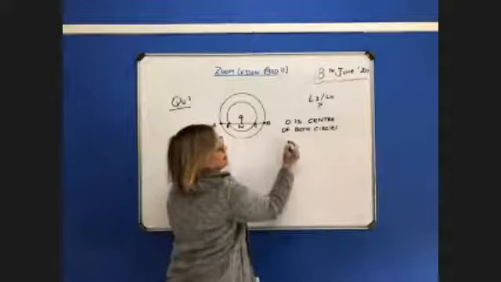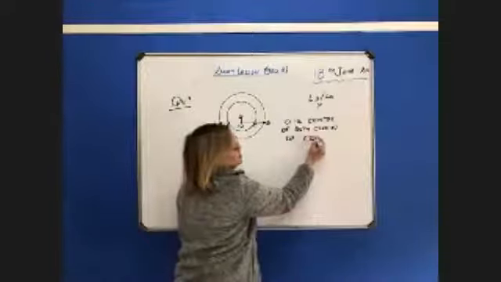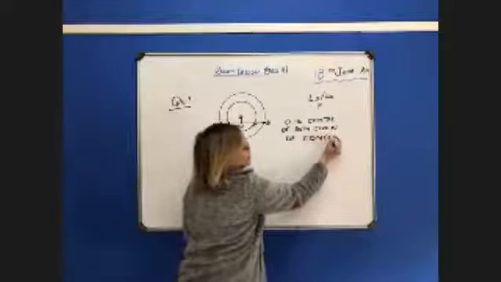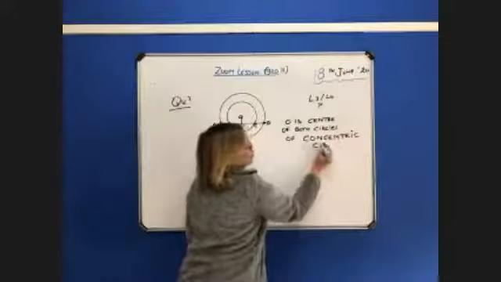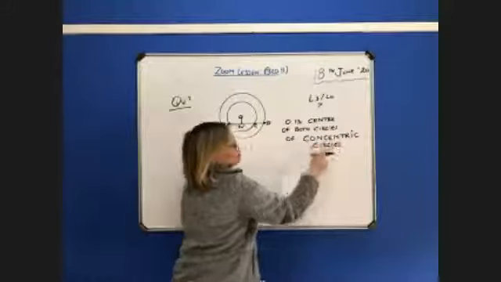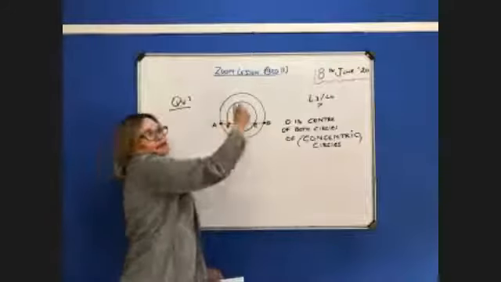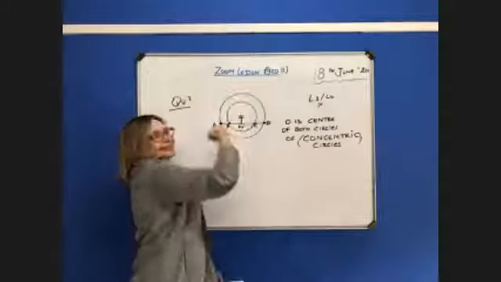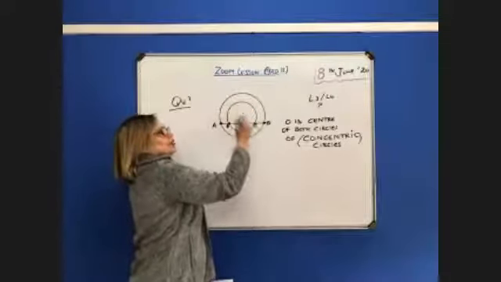So we could say O is the center of the concentric circles. Now that just means concentric circles, just means like an onion, rings. All right, so we have a small circle and O is the, we could call them therefore concentric.